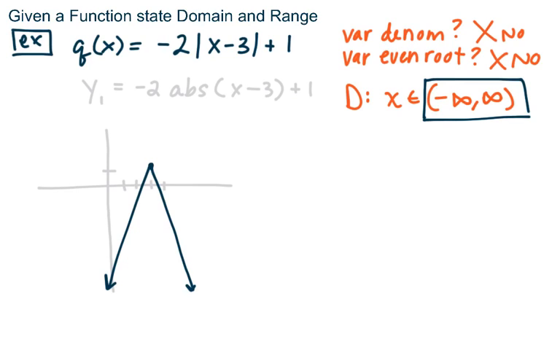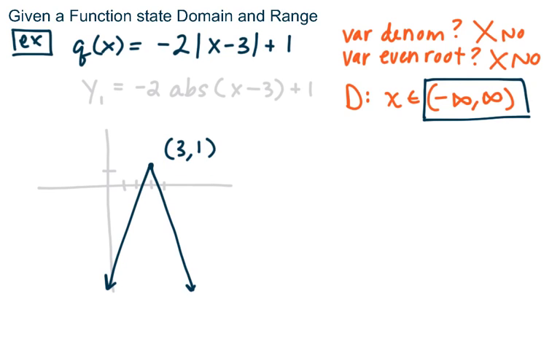When you look at this graph, what you'll notice is that the vertex is occurring at (3, 1), and there's a connection there. We talk about transformations later in the semester, but that 3 and 1 in the function are directly connected to this vertex ordered pair being at the point (3, 1).